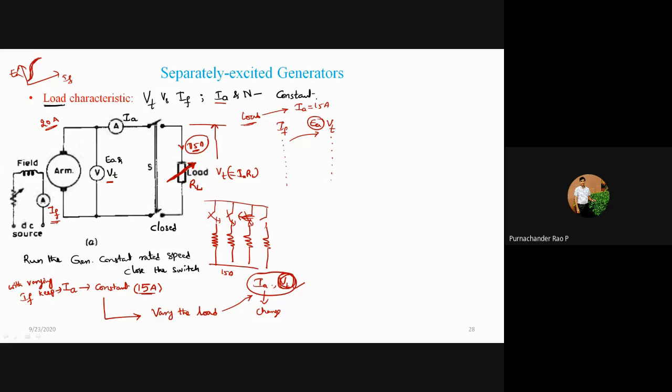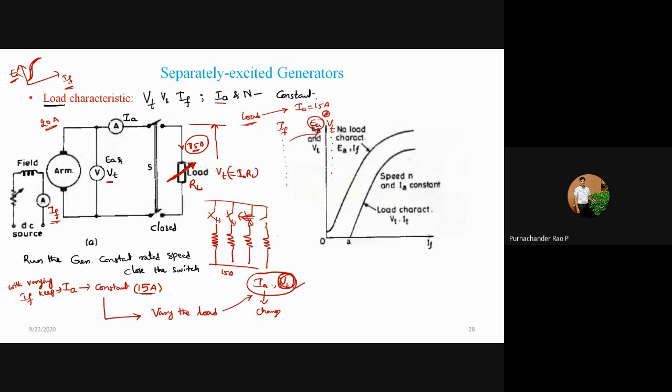So as the field current changes, your generated voltage changes. As the generated voltage changes, your terminal voltage also changes. So you can observe characteristics like this. So this is a load characteristics.